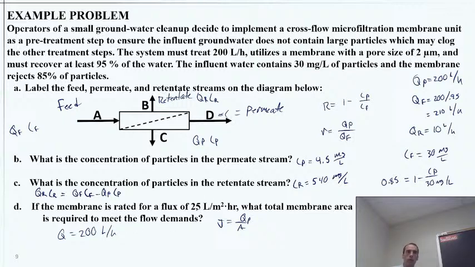So the area will be equal to QP divided by the flux. That should be 200 liters per hour divided by 25 liters per square meter per hour. And 200 divided by 25 should be 8, right? 8 square meters.